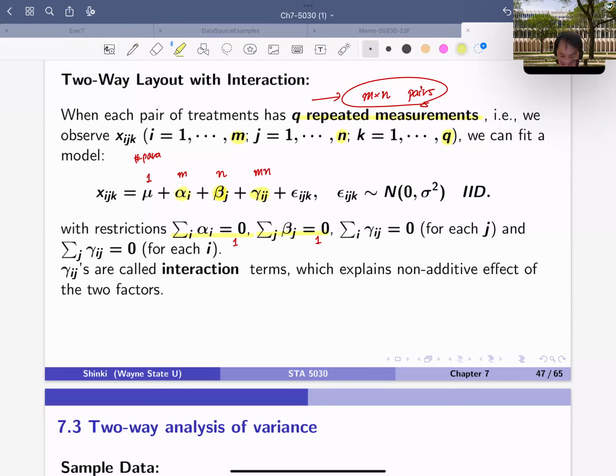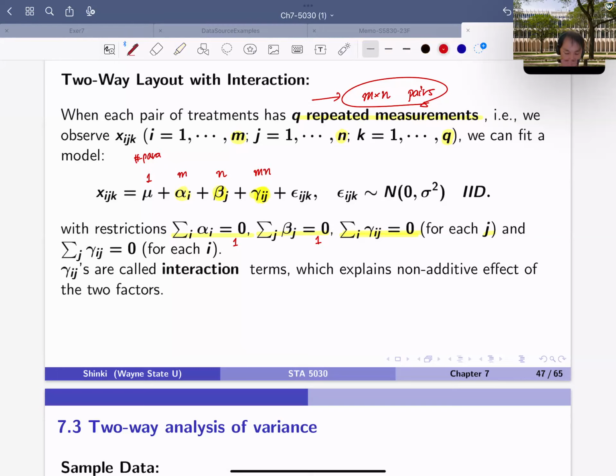And we also impose this condition: the summation of gamma ij is equal to 0 for each j. Because the gamma ij will explain the difference of gamma ij's for specific j's. So gamma 1j and gamma 2j are relatively different, and we want to get that effect. So just the relative difference is to be modeled.